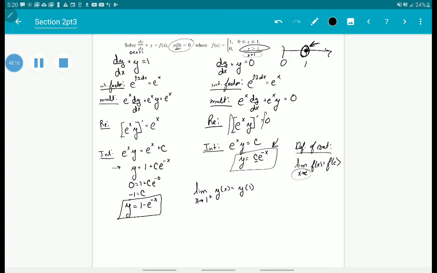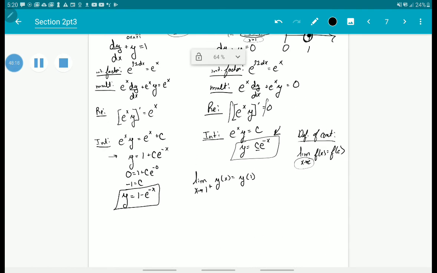And I know the value at 1 because I know this guy. If we were to plug a 1 in here, we're going to get y equals 1 minus e to the negative 1. And we're going to take the limit as x approaches 1 from the right of c e to the negative x.